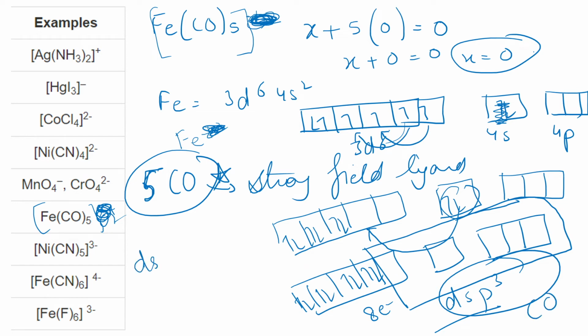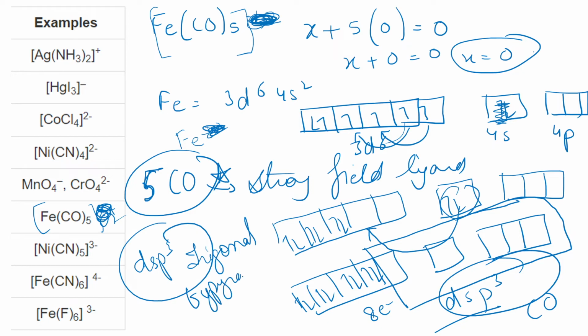For dsp3 hybridization, the geometry will be trigonal bipyramidal: a trigonal plane, with one above and one below the plane.